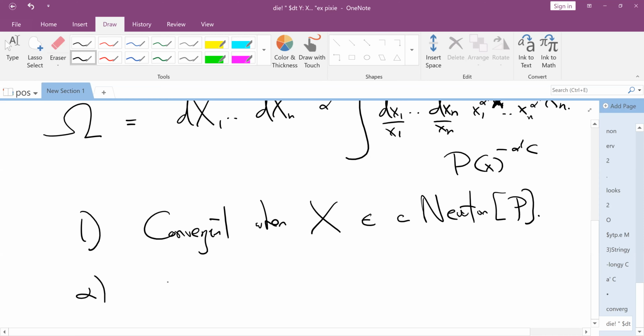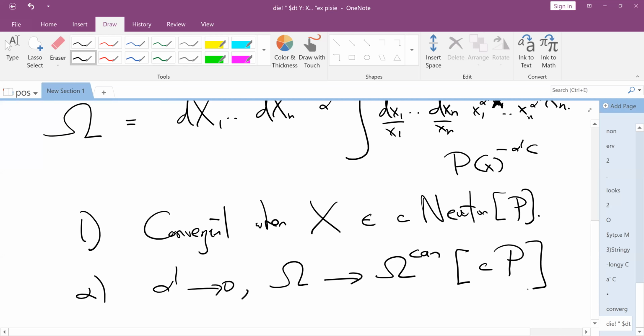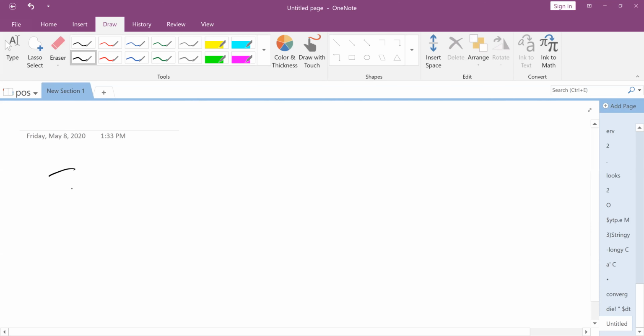And 2, as alpha prime goes to 0, omega goes to the canonical form of exactly that polytope. And that's what we saw in our simple one-dimensional example. The stringy canonical form turns out to have lots of nice properties even at finite alpha prime.